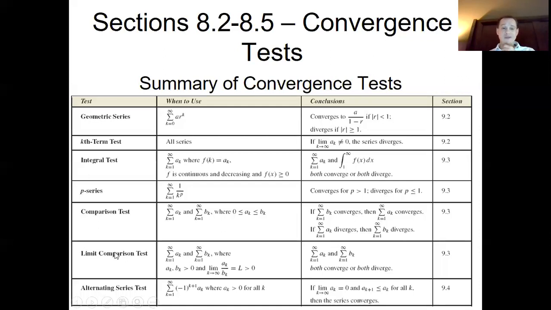To see where they come from, the next one's called a limit comparison test. This is a handy one. You might want to put a star by this too. This is good. But if you had a sum of some terms, a terms, and you had some sum of some b terms, and both the terms are positive all the time, so there's no negatives in either one of these series.